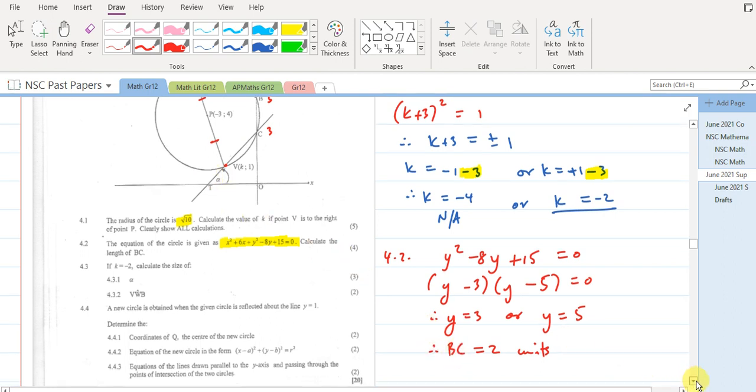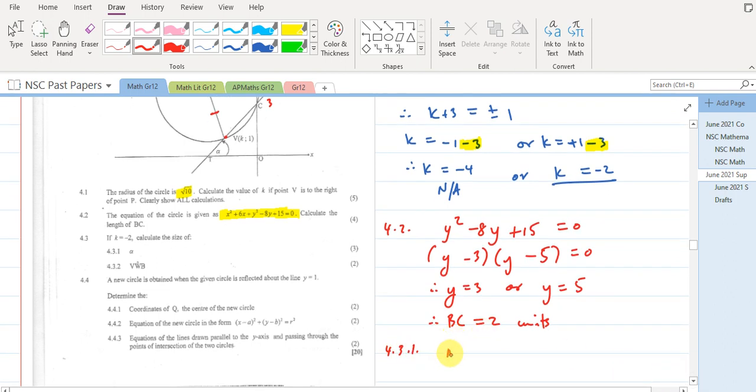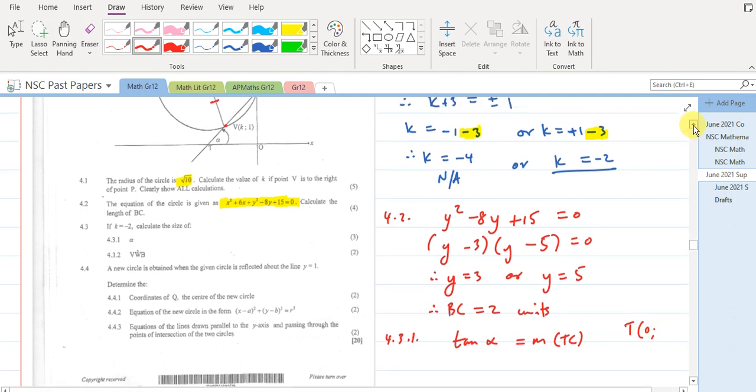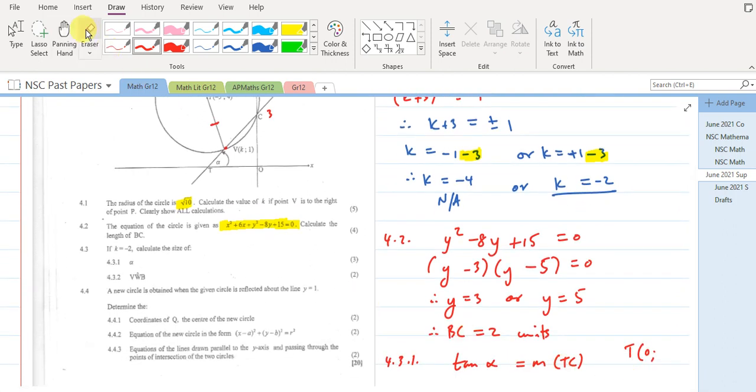So tan theta is equal to gradient, question 4.3.1. Let's calculate the gradient. Remember, we are using tan alpha is equal to the gradient of TC. And the gradient of TC is the same thing as saying gradient of VC, because the points are collinear, they lie on the same line.